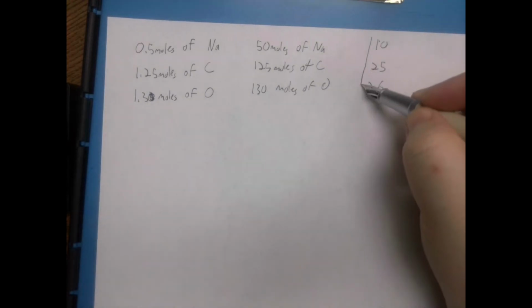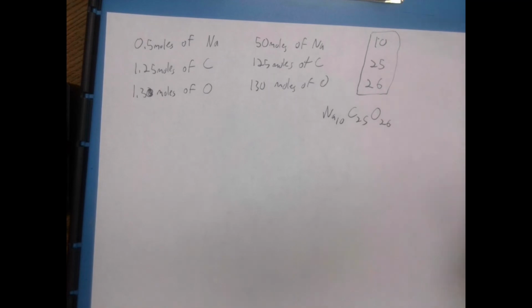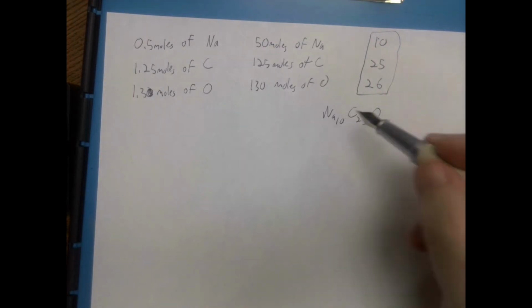This is the least we can reduce this by. So our formula would be 10 sodium, 25 carbon, and 26 oxygen. We cannot reduce these numbers any more.